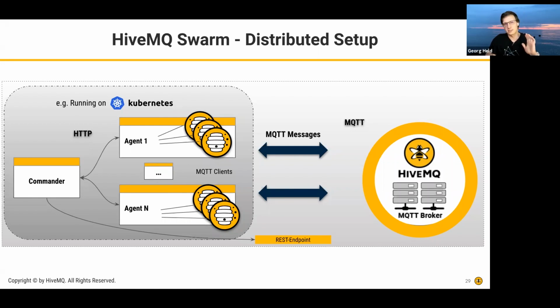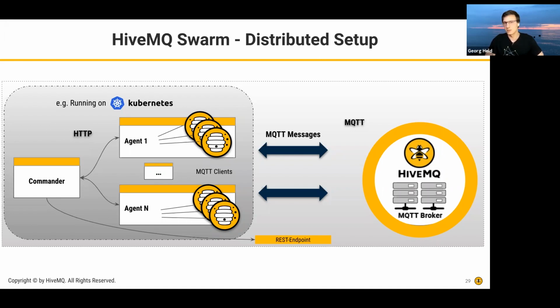We have here an example in a Kubernetes cluster where everything runs in Kubernetes, but it could be that only the agents run in Kubernetes, or only the commander runs in Kubernetes, and it talks to the agents in some public clouds. For example, you have some data that comes from Azure or some from AWS. Or you even have some simulated data clusters in an on-premise data center in your factory shop, I don't know, in northern Russia, and you want to test that.